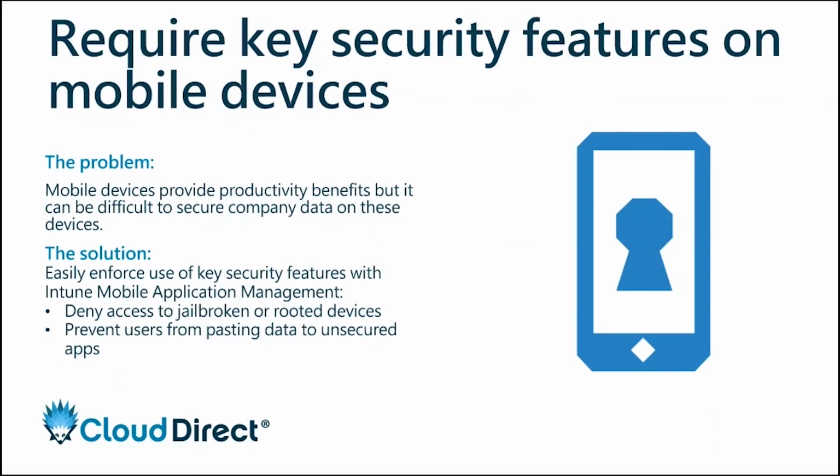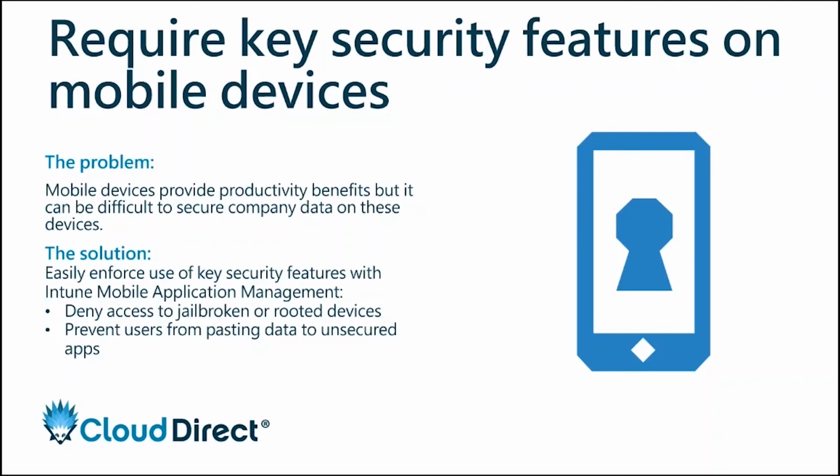Again, to reinforce, with the mobile application management piece, you can deny access to jailbroken or rooted devices. So if someone's upgrading using unofficial processes, or putting unsecured builds of iOS or Android onto their devices, you can block those from connecting. And you can also stop users from pasting data to unsecured apps or saving it elsewhere.